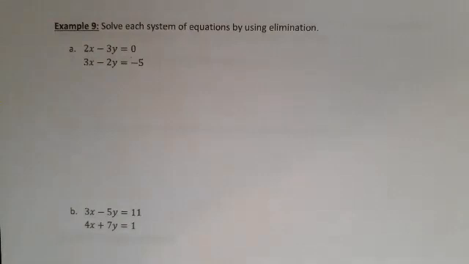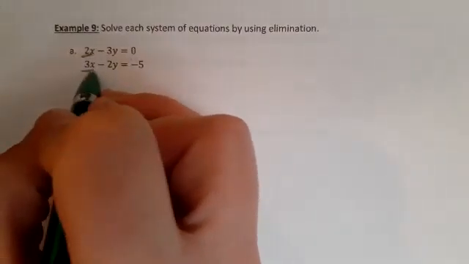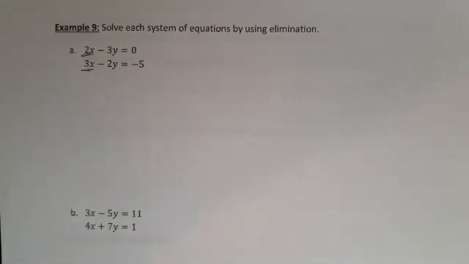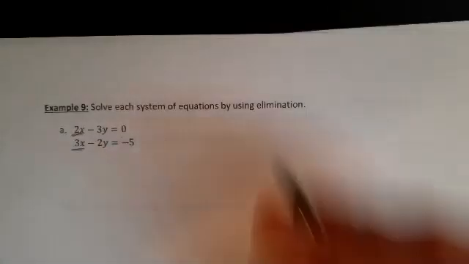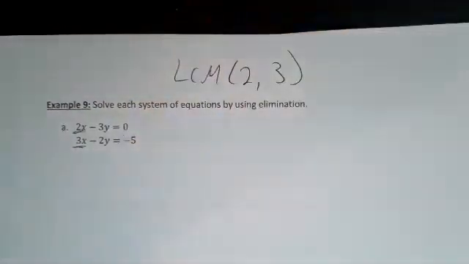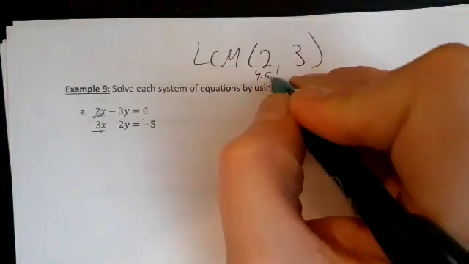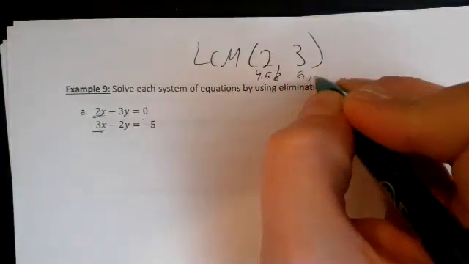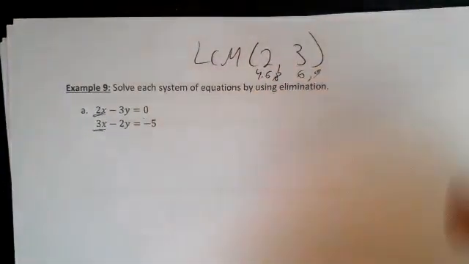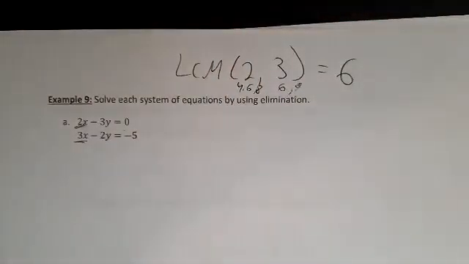You can pick one or the other. I think I'm going to go with x. I'm looking here and here, and I'm thinking least common multiple between 2 and 3. I'm thinking about things like 2, 4, 6, 8, and 3, 6, 9. You probably noticed their least common multiple is going to be 6.